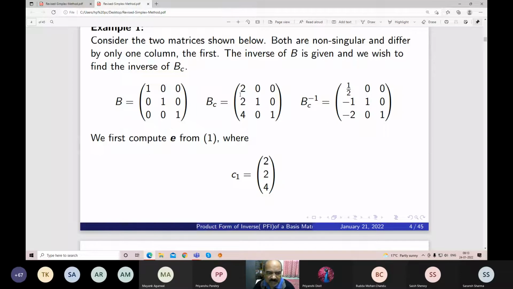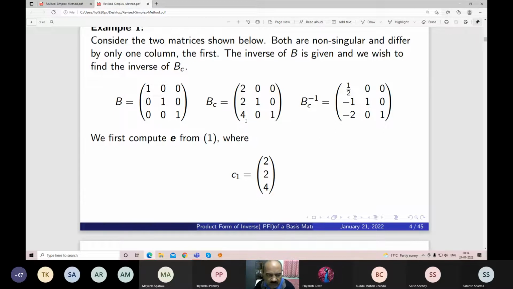and we have another matrix that is BC. If you compare B and BC, the first column in B is 1 0 0, and in the BC matrix the first column is 2 2 4.